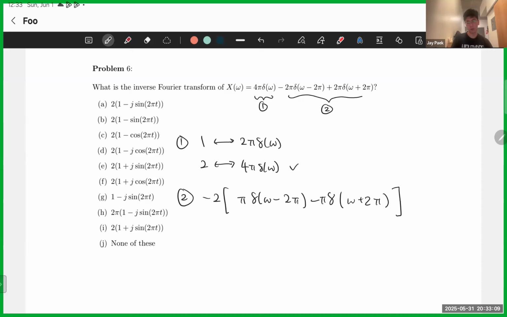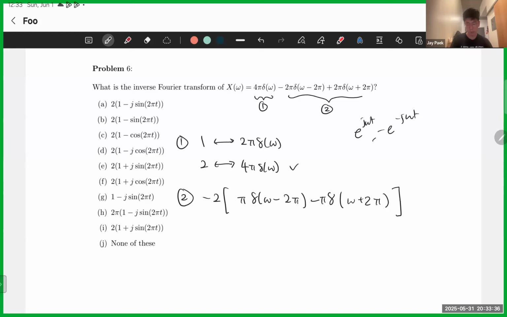If it's a difference between the delta functions, then it will be a sine function because, well, sine is just e to the j omega t minus e to the negative j omega t in the numerator. That's the pattern matching thing that we need to see here: the Fourier transform of sine and cosine could directly come from Euler's formula.